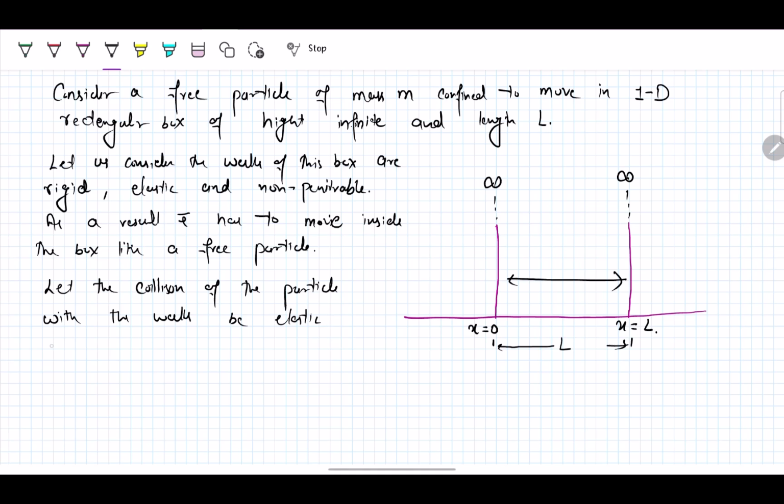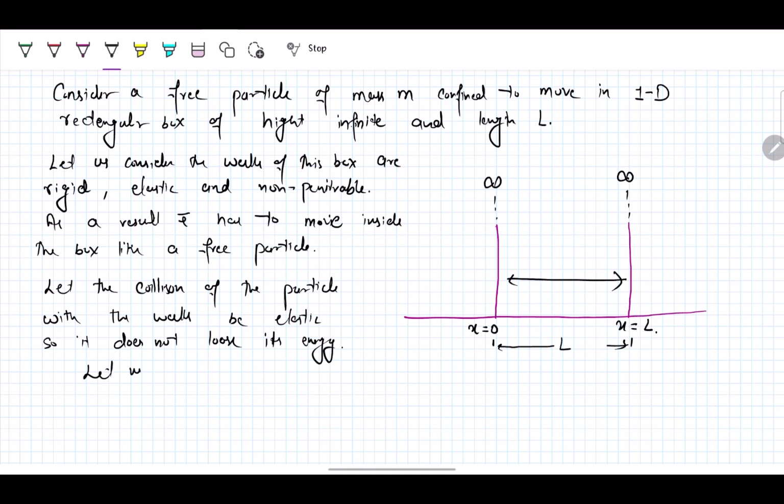So due to its elastic motion, it does not lose its energy. Okay, and due to this condition we can represent this via the infinite square potential well condition.